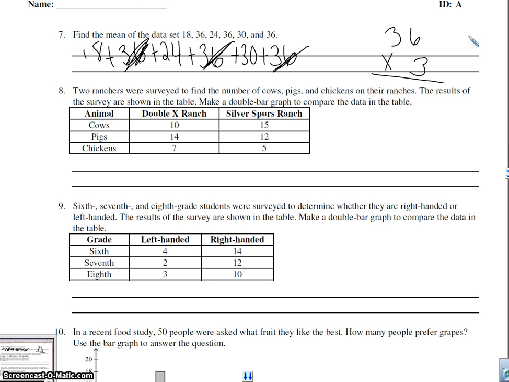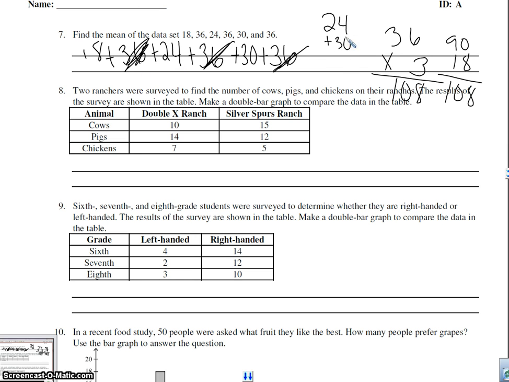So that's going to give me 3 times 30 is 90. 3 times 6 is 18. So I get 18 and I get 108.